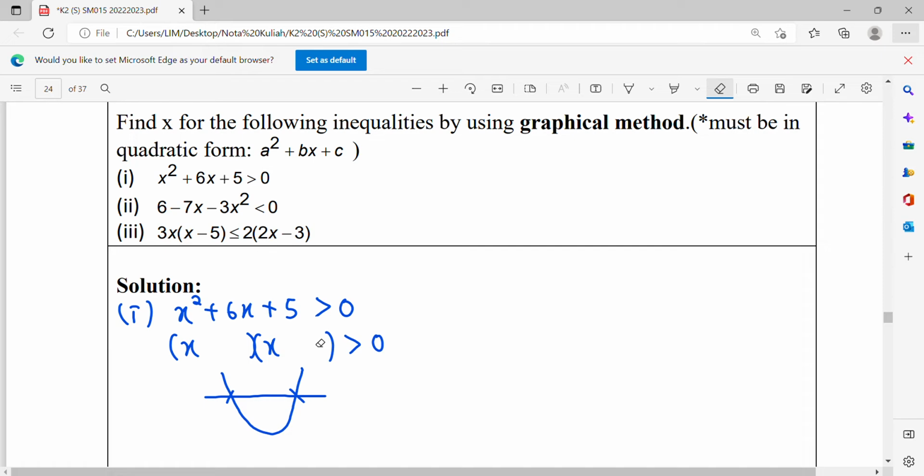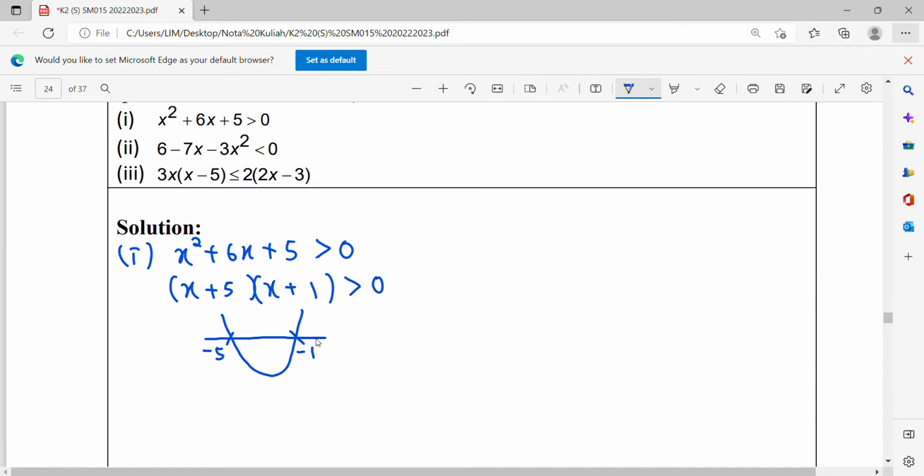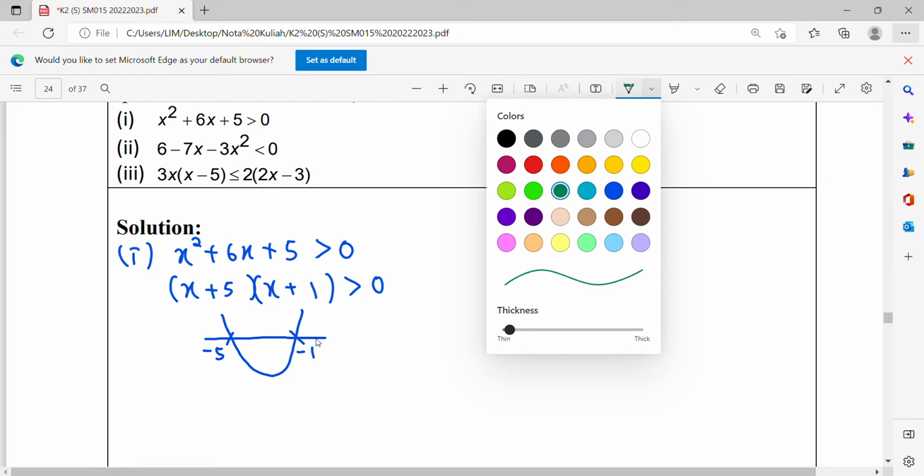Now, when you press your calculator, you get negative 1 and negative 5, correct? So we put the smaller value at the left-hand side, negative 5, here negative 1. So your factorization is plus 5, plus 1. Okay, then we're going to find your region.